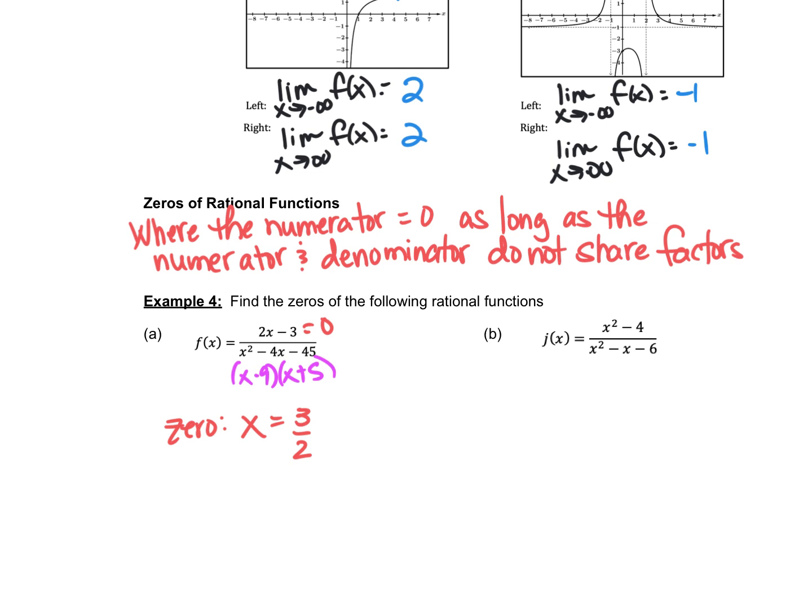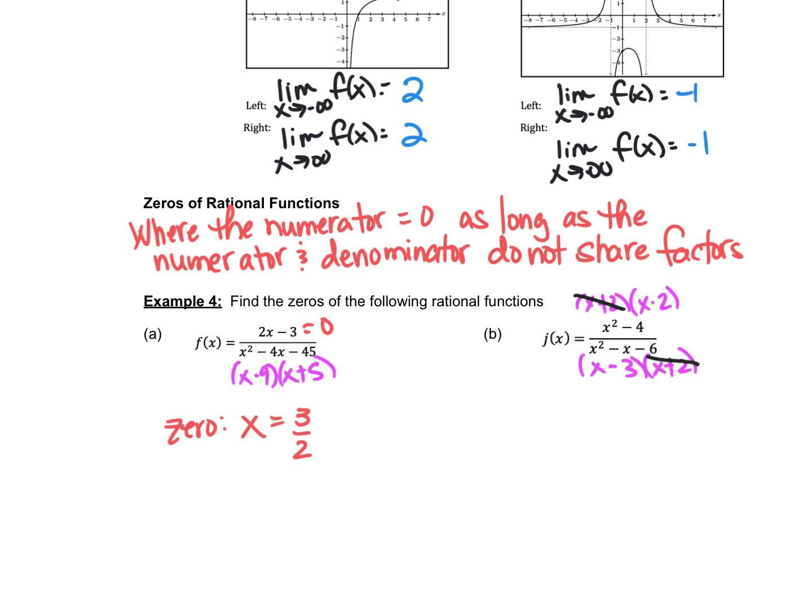All right. Now let's take a look at that next one. Definitely going to need to factor on this one. X squared minus 4, what's that going to factor into? Good, x plus 2, x minus 2. And then my denominator, x minus 3, x plus 2. So is there a factor that they share? Yes, so I'm not going to include that one.